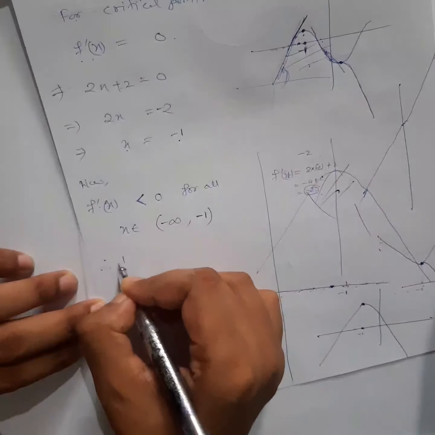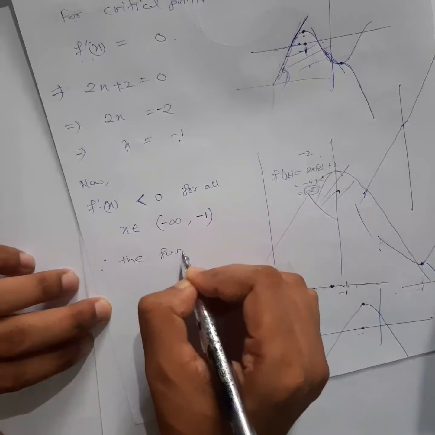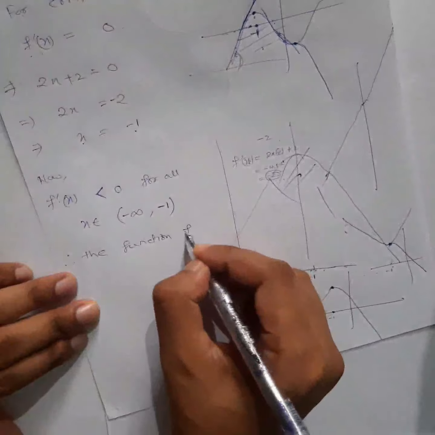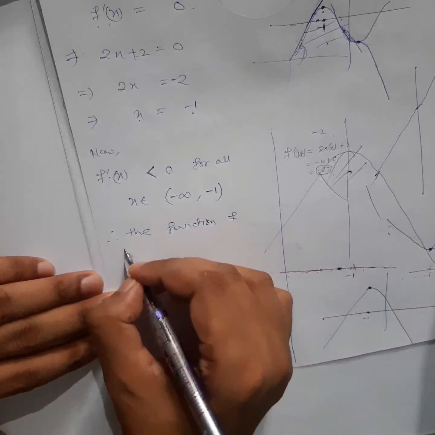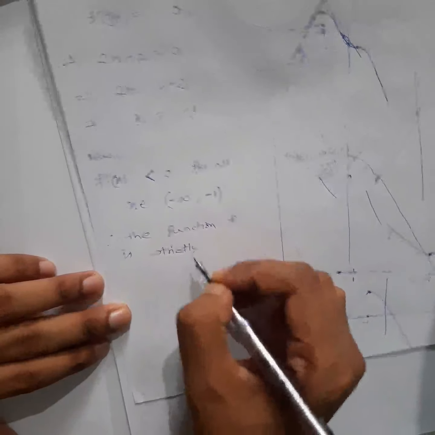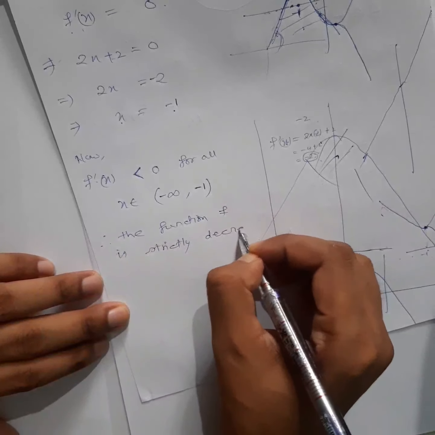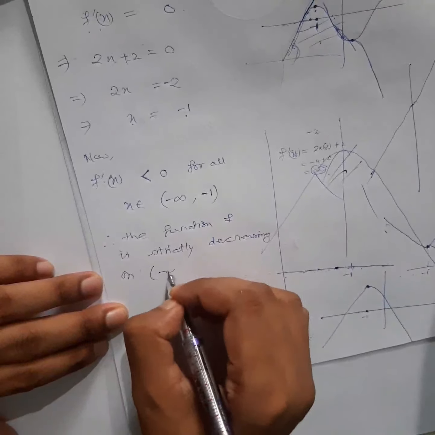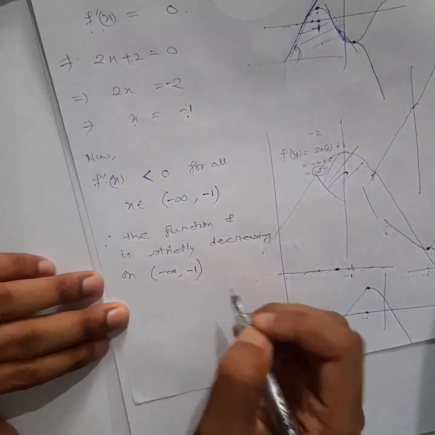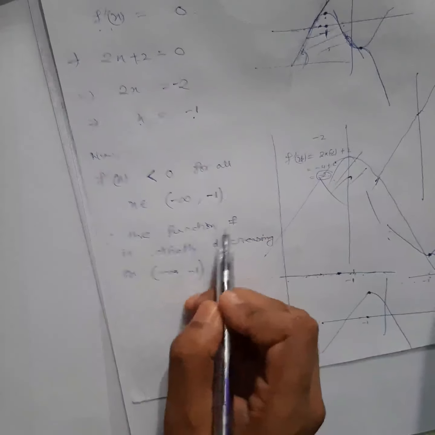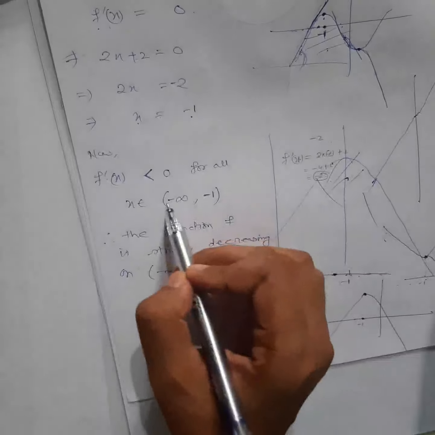Therefore, the function f is strictly decreasing on minus infinity to minus 1. So the function is strictly decreasing on this interval.